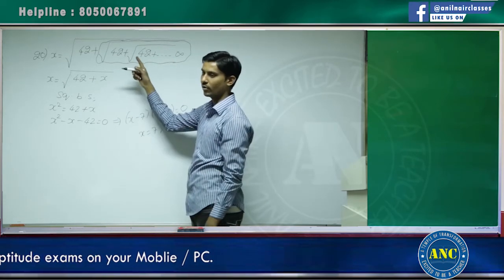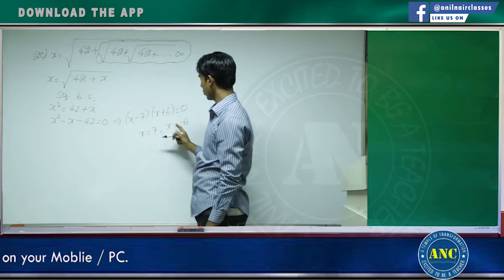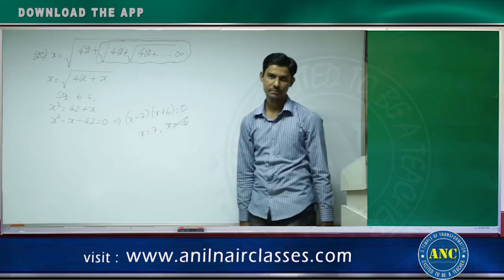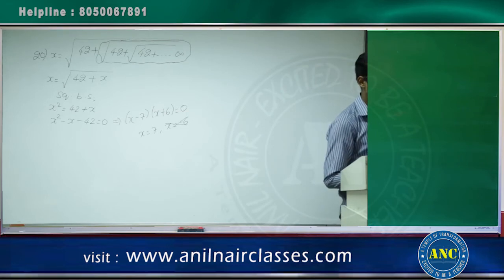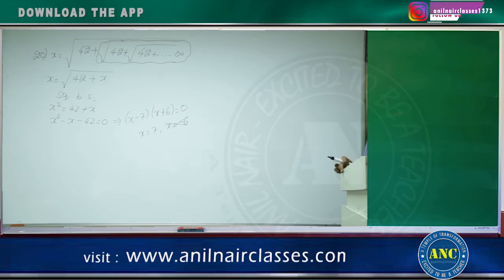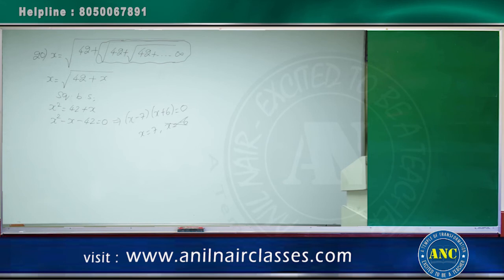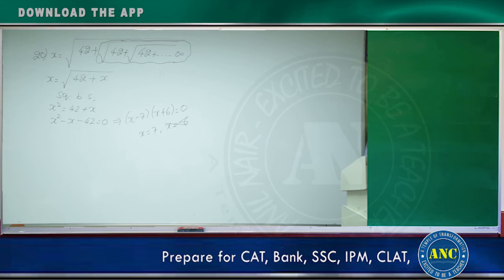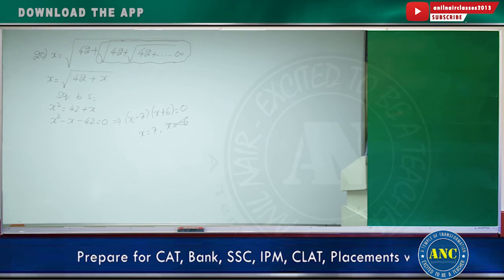Square root of positive will always be positive and it cannot be negative. This is ruled out. x is equal to 7. Please note, it is an easy question. It looks difficult, but it is actually very easy. Clear, right?